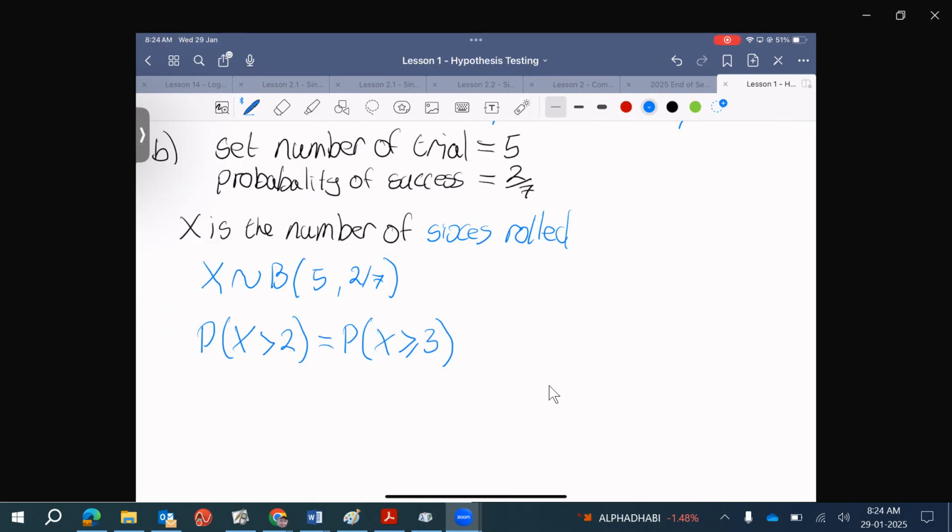You can't roll 2.5 times with this. X is the number of 6s rolled. X can be 0, 1, 2, 3, 4, or 5. It can't be any numbers in between. It's not continuous like the normal distribution. So then we use our calculator for that. So have a go now at using your calculator and coming up with your value.